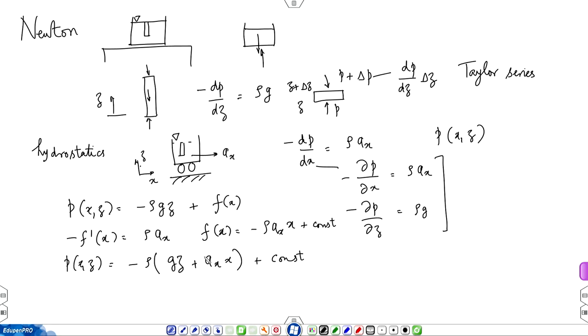This is the pressure variation. So, on the free surface, P is equal to P atmospheric, then the z will have some shape, let us call it G x.